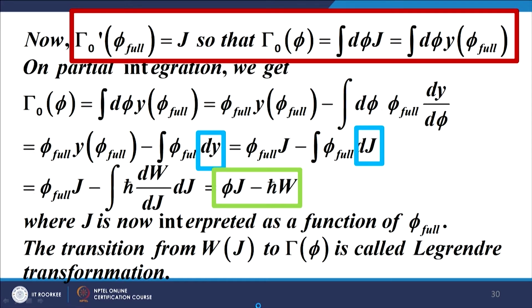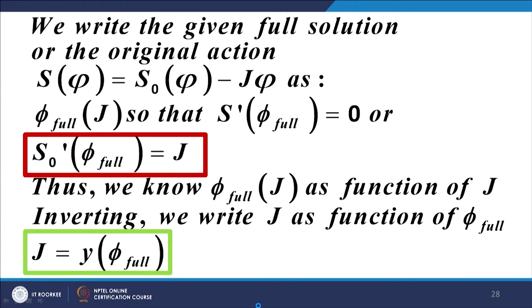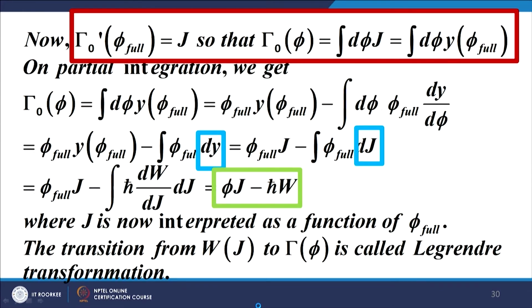We already have this expression because of the inversion given in the green box. We make use of this and we write j as y of phi full, where j is equal to y phi full, which we had obtained by the stationarity of the quantum action.